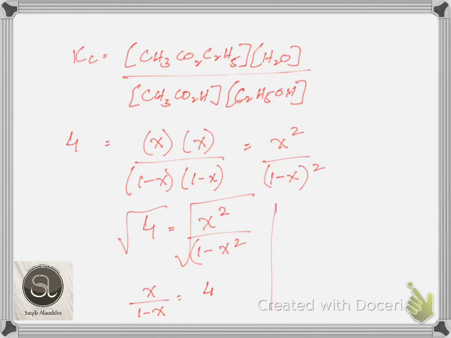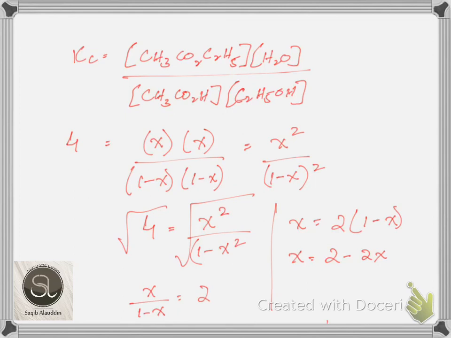I'll just simply solve this further. So X is equal to 4 into this. Pardon, this will be 2. Okay, I'm sorry, the under root is 2. So X is equal to 2 minus 2x.